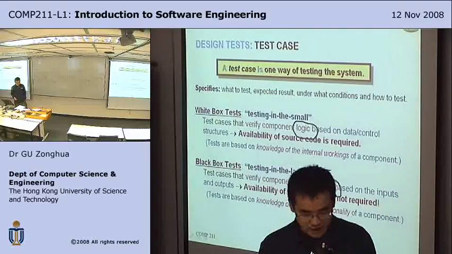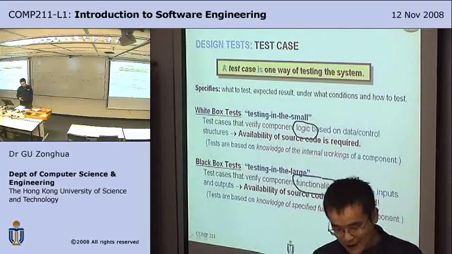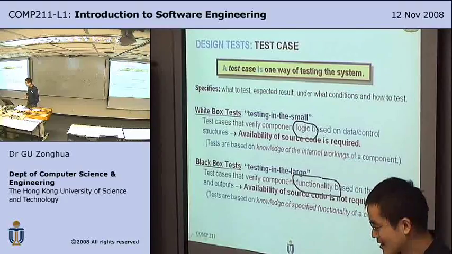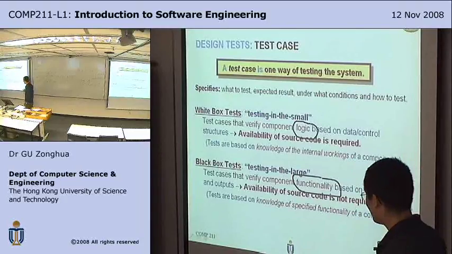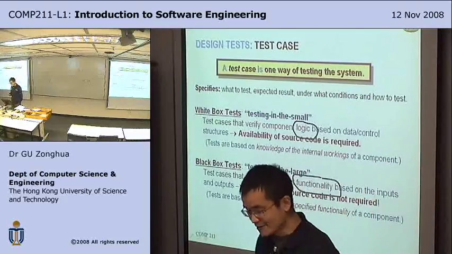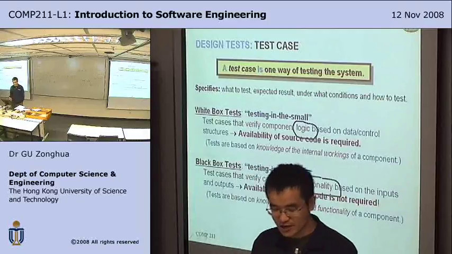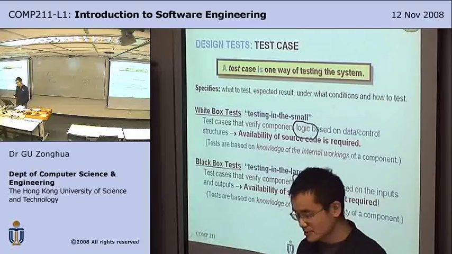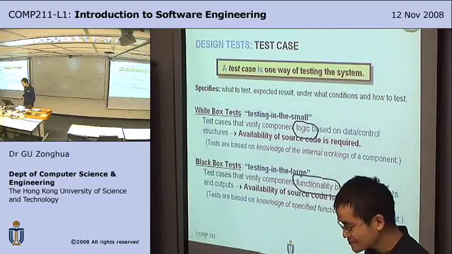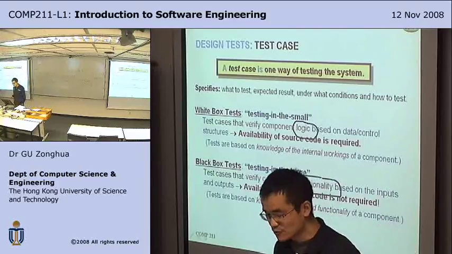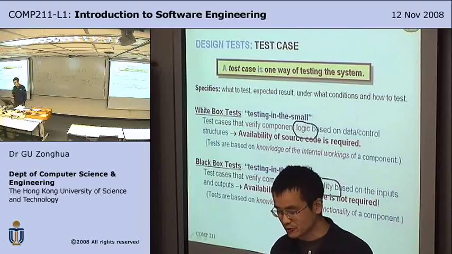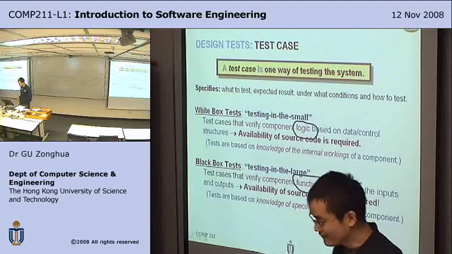Even though they look very similar, black box tests don't care how the component is implemented internally, as long as the inputs and outputs are correct. While the white box tests really look inside of the source code and follow the control flow and data flow.